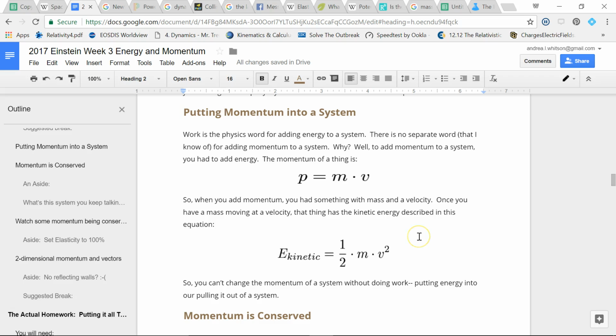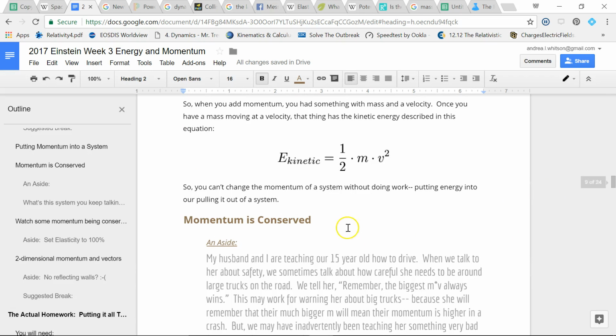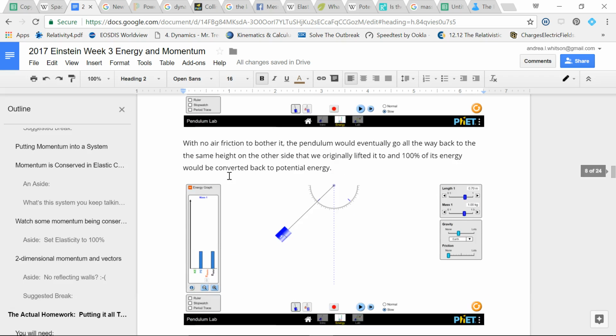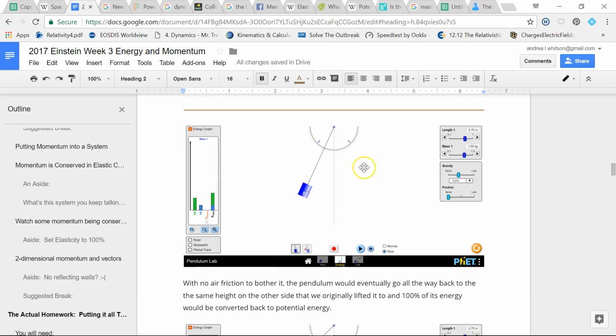Now, when we say momentum is conserved, I should really say momentum is conserved in collisions. Momentum is conserved in elastic collisions. When we look at our pendulum, back up here, we saw that the kinetic energy is zero here, so there's zero velocity, and then it speeds up until the fastest point, right here.